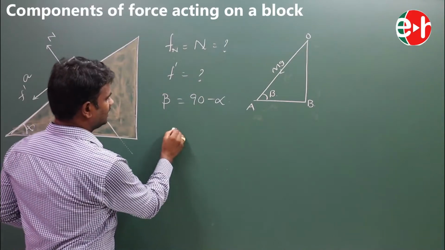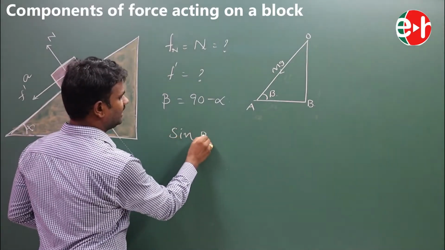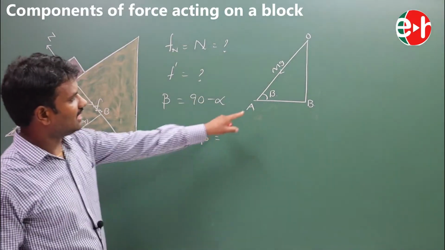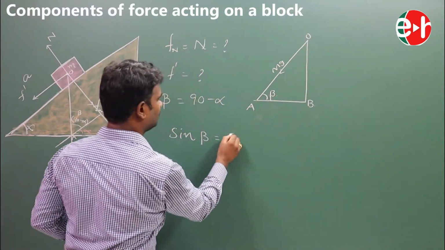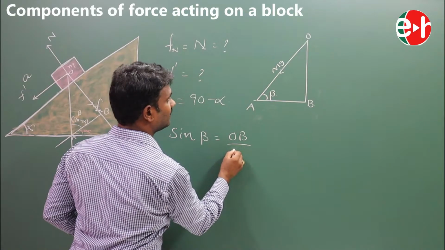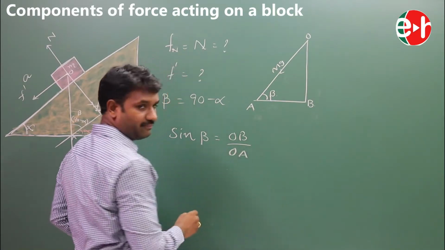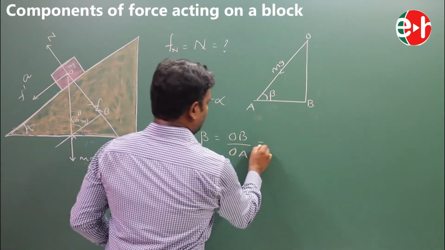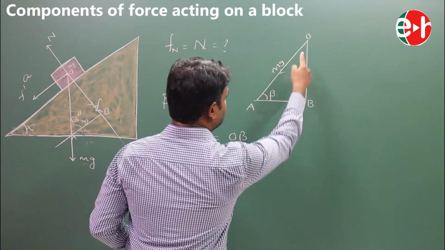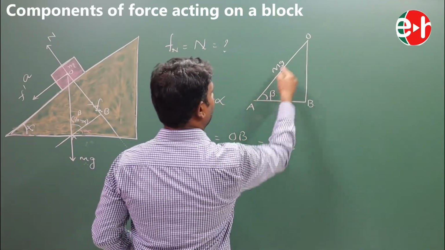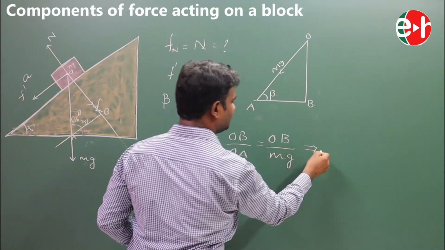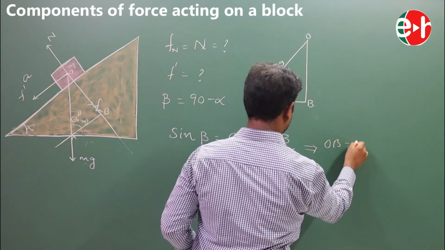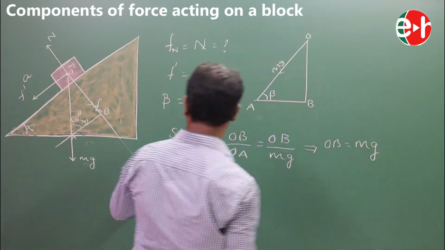From this, can I write sine beta is equal to how much? Sine beta is equal to opposite side by hypotenuse, means OB by OA, which is OB by mg. That implies OB is equal to mg sine beta.